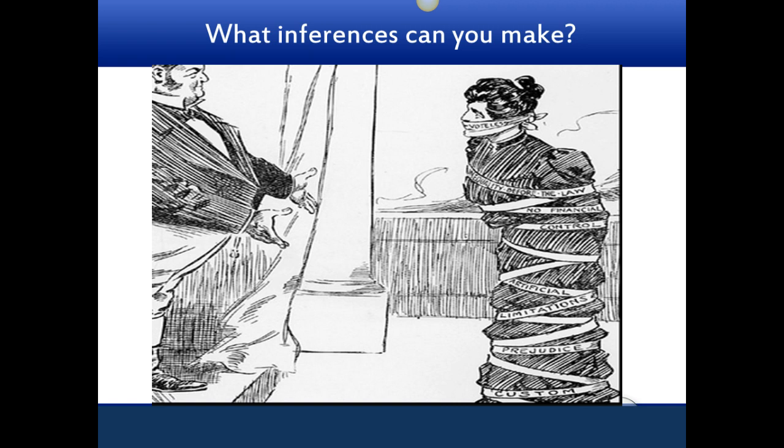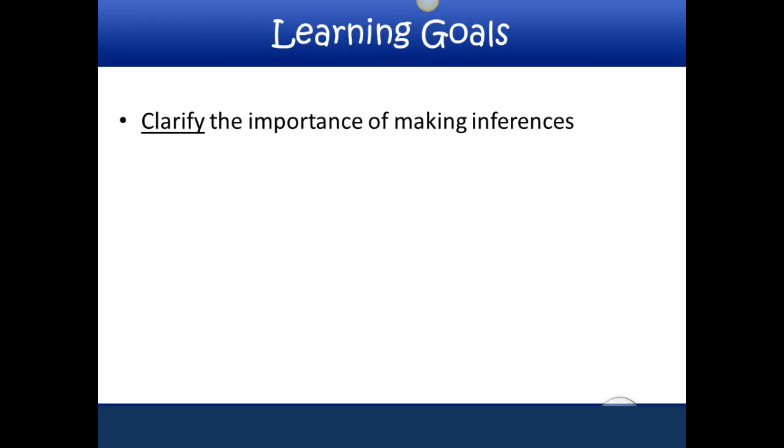And then we will share those and then have each person share how they made that inference and what the clues were and what background knowledge they had to make that inference.